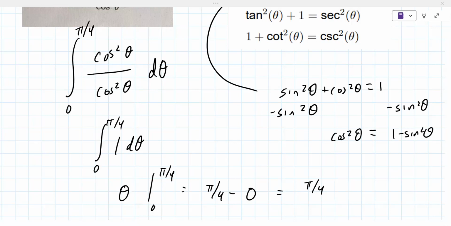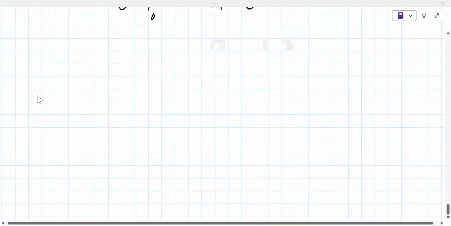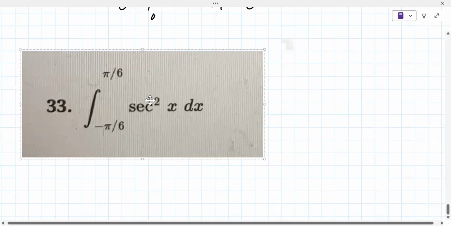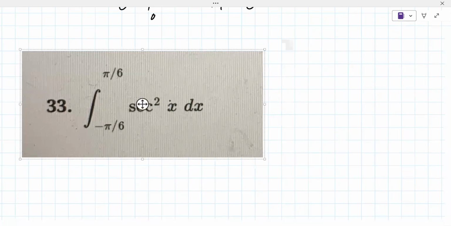So these are all like lookup problems. Look up in your table, like a 33 here, for example. You might think at first like, oh, I don't know how to do this, but it's really the derivative of tangent x is secant squared x.